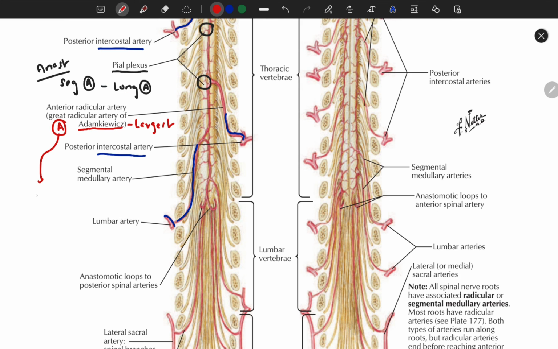It is a major supply to the lower 2/3 of the spinal cord, and mostly it originates from the left side, as you can see right here, from the lower intercostal artery, the subcostal artery, or the lumbar artery. So it is also called the largest feeder artery.